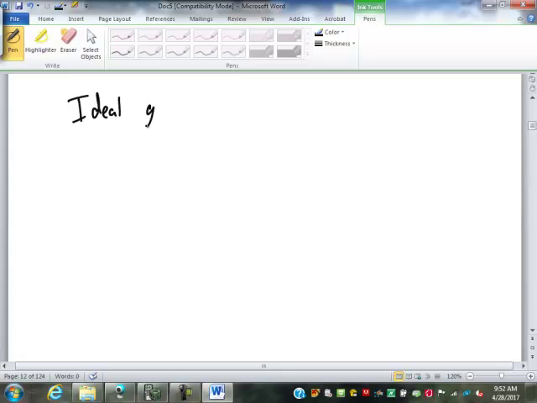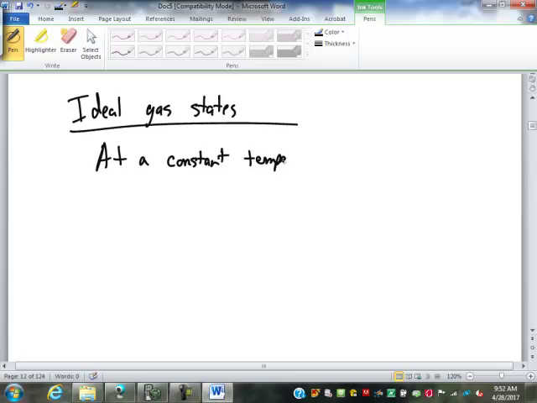The ideal gas law states, and I'm going to oversimplify it here for a second, that at a constant temperature, remember we had said earlier that there's often a lot of other variables. We have to assume that those variables don't change, that those are constants. And that's what we're saying here, is at a constant temperature. So everything else is held constant.